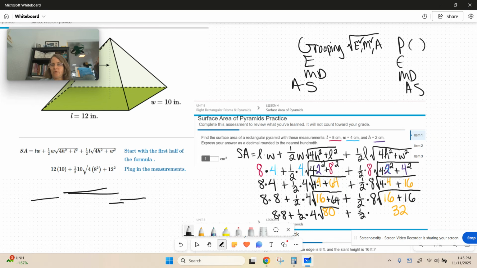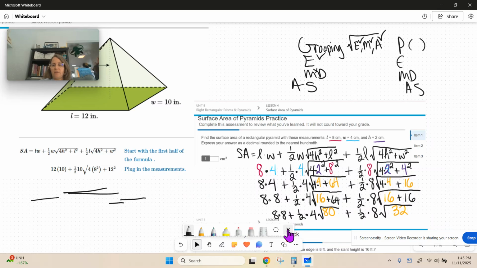This is from your practice. Okay, and so now I'm finally done with my grouping symbols. I don't have exponents. I do have multiplication. So I'm going to do that next.